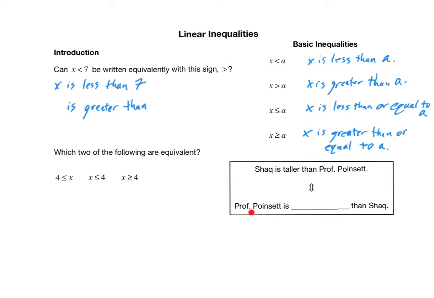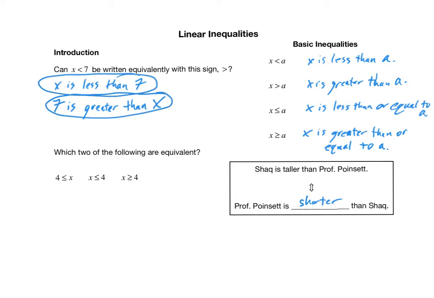The equivalent is Professor Poinsett is shorter than Shaq. Those 2 statements are equivalent. So the equivalent of X is less than 7 would be the flip of these things with the greater than. So it would be 7 is greater than X. These 2 statements are exactly the same.